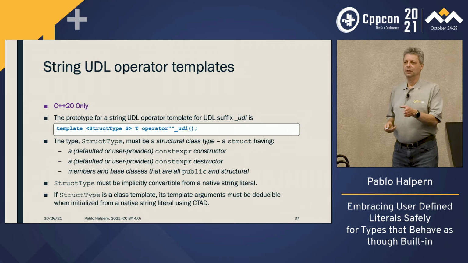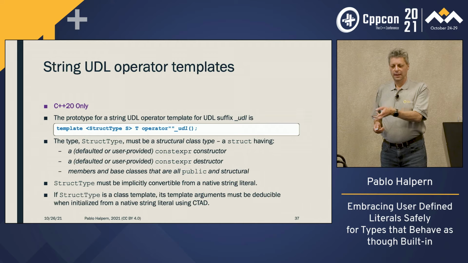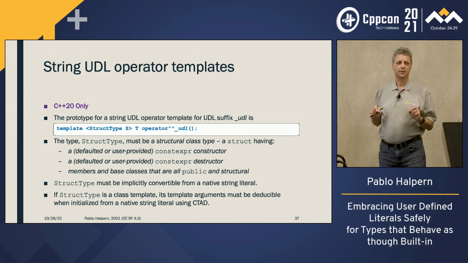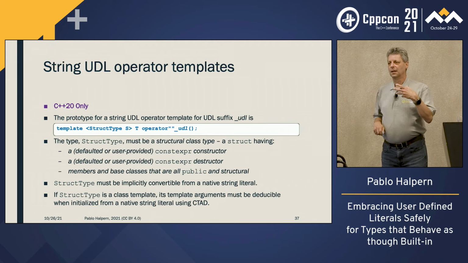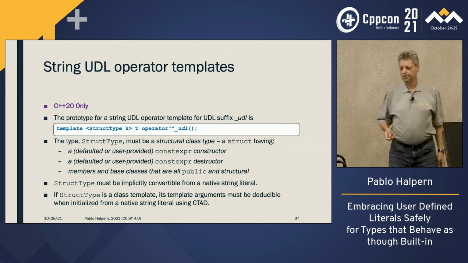In order to be used as a string literal, the struct type has to be convertible from a native string literal type, so either from a const char star or a const char8_t star, or something like that.